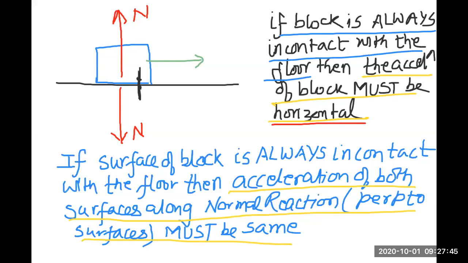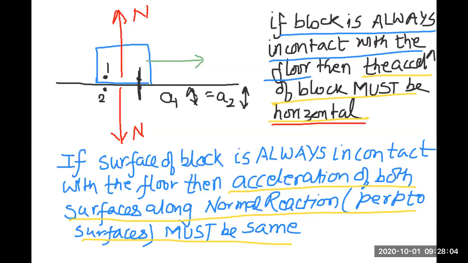So, अगर ये point 1 है और ये point 2 है, then acceleration of point 1 in the vertical direction must be equal to acceleration of point 2 in the vertical direction.